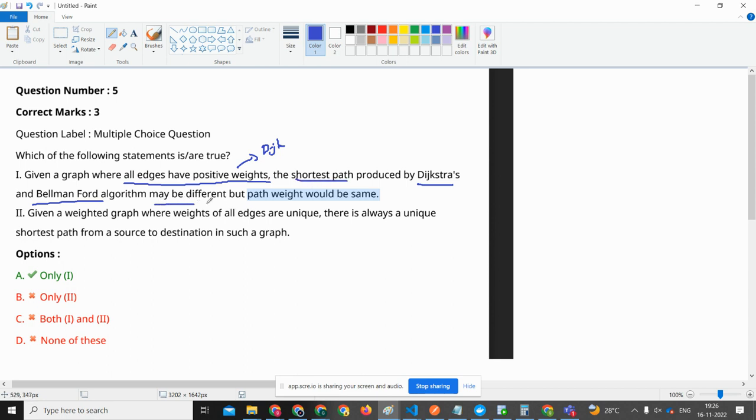The shortest path produced may be different, but path weight should be the same. What does this mean? Why is this true? Can anyone try to answer this?